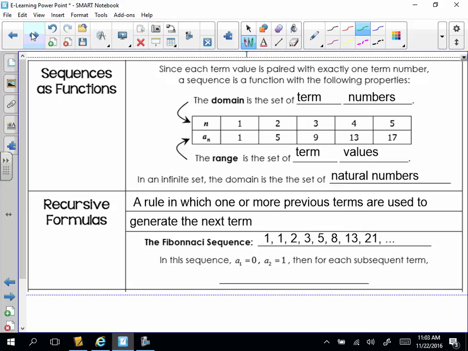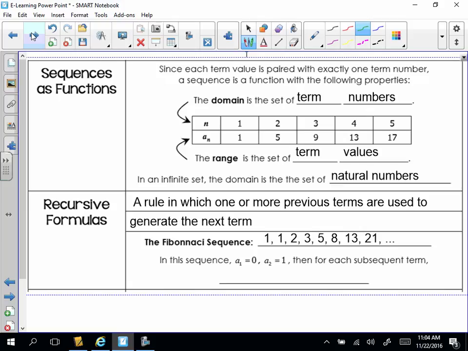A recursive formula is a rule in which one or more previous terms are used to generate the next term. The Fibonacci sequence is one of these recursive formulas. It is 1, 1, 2, 3, 5, 8, 13, 21, etc. What you are doing is you add 1 and 1 to get 2, 1 and 2 to get 3, 2 and 3 to get 5, 3 and 5 to get 8.